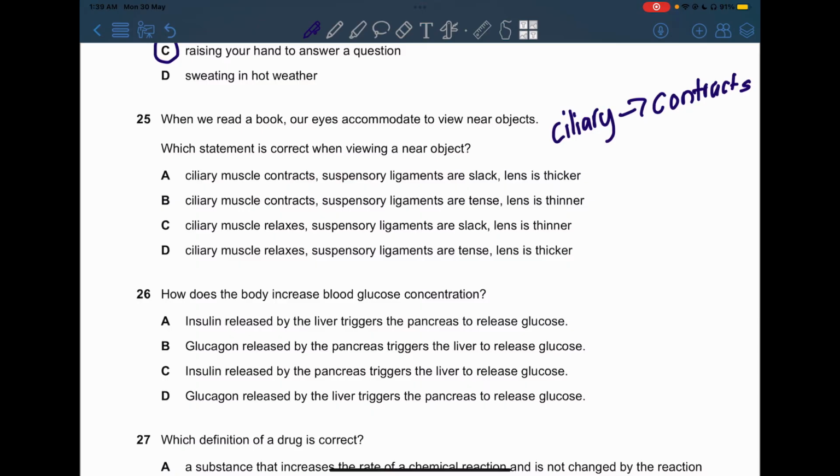So of course, we know when the ciliary muscle contracts, the lens becomes like this, and when the ciliary muscle is relaxing and the suspensory ligaments are contracted or tense, it becomes like that, thinner. So we're going to be choosing A because, as I said, the ciliary muscle contracts, suspensory ligaments slacken, and the lens is thicker.